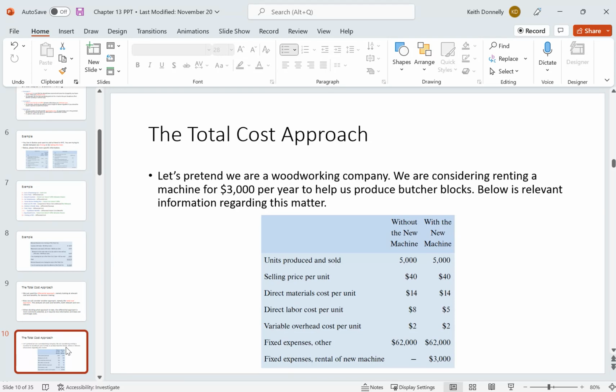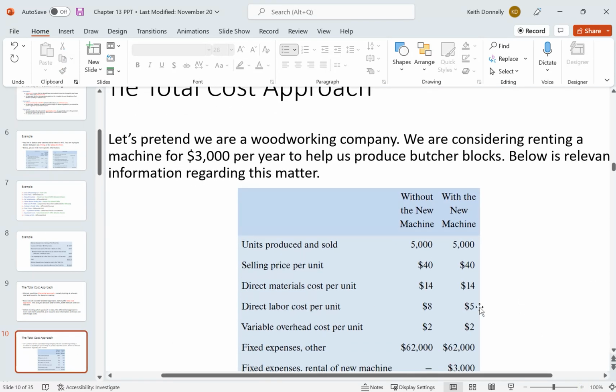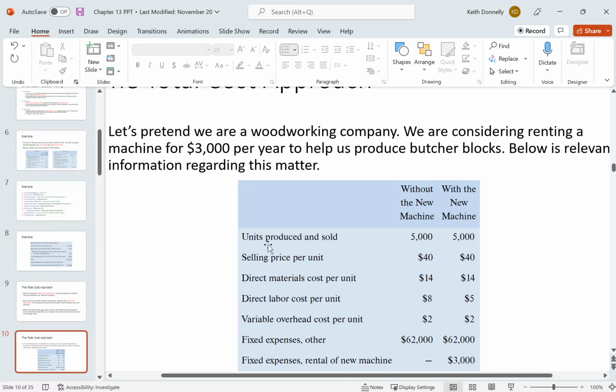If we zoom in on this, it looks like they're telling us how many units we produced and sold without the new machine or with the new machine. It looks like 5,000. What do we sell it for? $40 either way. What's the direct material cost? 14 bucks.